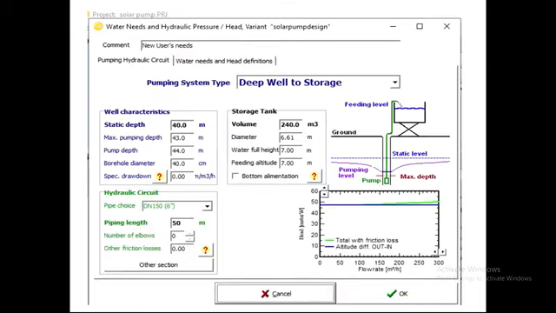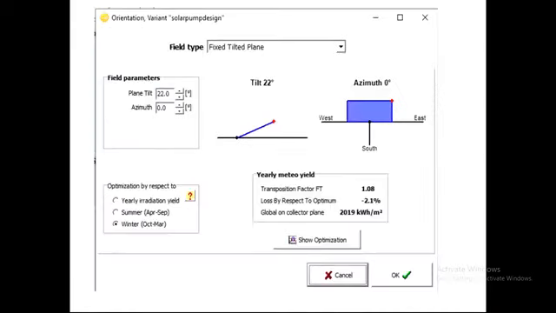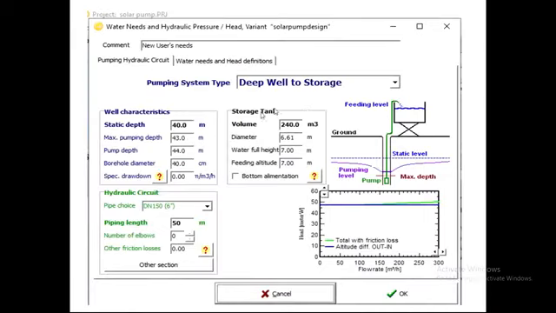So when you click on OK, then you have to go for water needs. Click on water needs. When you click on water needs, you will get this window. Here you have to choose deep well to storage. Okay, this is the type, deep well to storage. Now you have to enter the values we have chosen in our example.